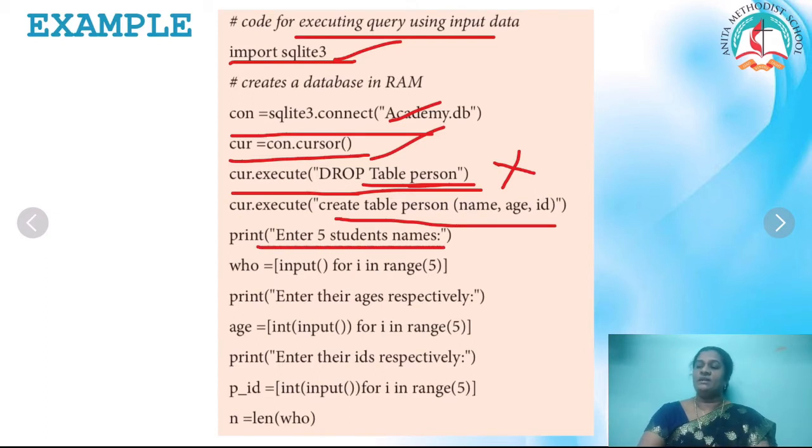You are going to enter 5 students' names. So which is the variable where the names are stored? Age is the variable where the ages are stored, and PID is the variable where the student's ID is stored. So now they are entering the student name first, age second, and then ID third.